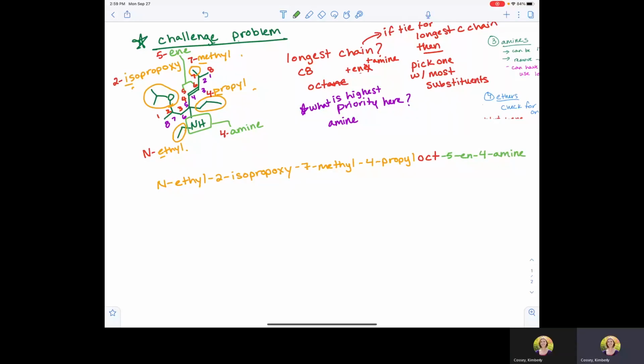All right, so let's make sure we have all of our pieces. So we have 4 substituents, 1, 2, 3, 4. So that's this 1, 2, 3, 4. Every single one has a number or a locant. That's a locant. Then we have our main chain, which is C8, which is oct, not what I put the first time. Right? Then we're going to put the endings. So we have an amine and an ene. So we have 5-ene, 4-amine.